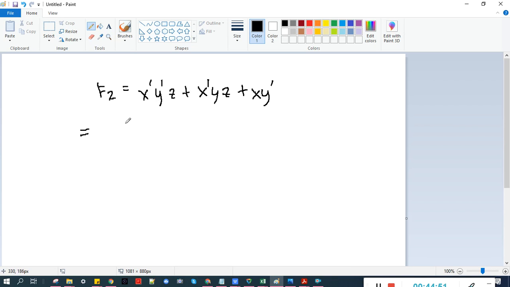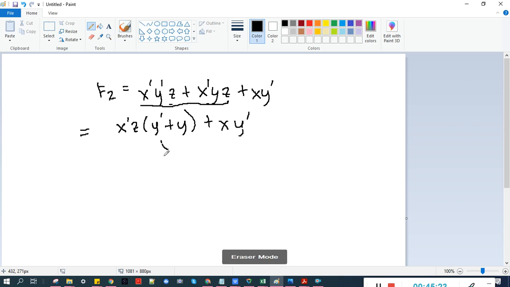So let's combine both. I'll just try because it's been a long time. So I factored out just the first two. They have common elements, x prime and then z. So what remains inside the parenthesis is y prime and y.